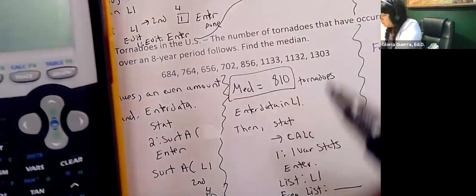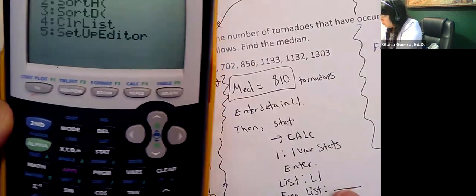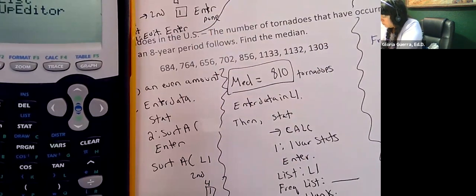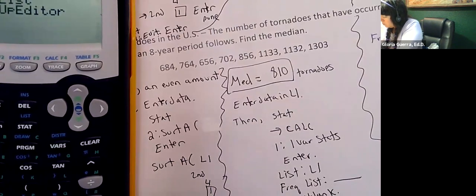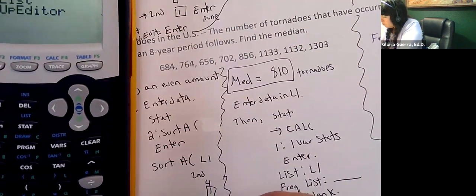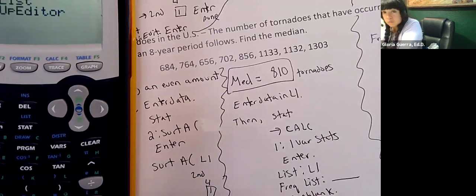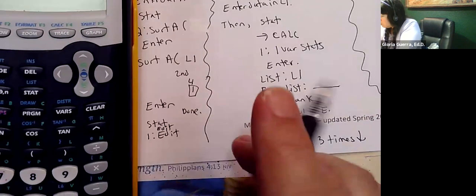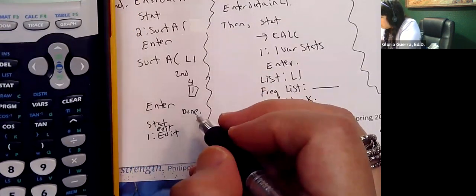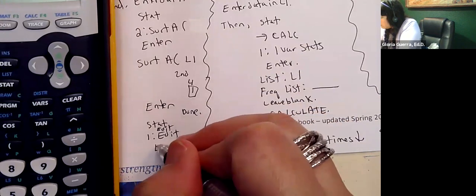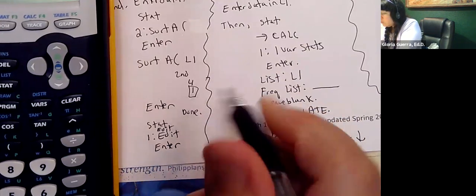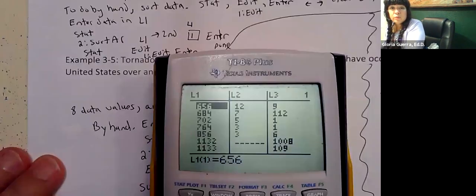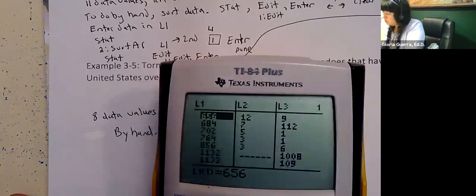Okay, so then you go back to stat, and you go back to 1, edit, and enter. And then you should see that it has put the data in order from smallest to largest.